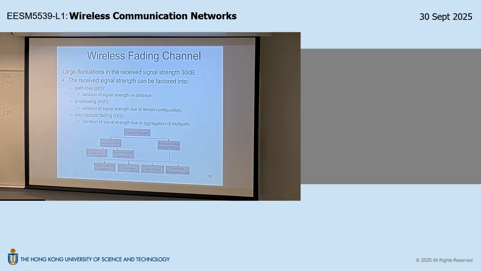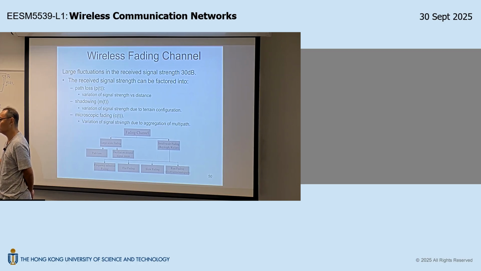Well, what if I'm a mobile user standing here, not moving? Now the transmitter is not moving, the receiver is not moving. In this case, will this be time invariant? Is this a time invariant system? Still no. Why not?